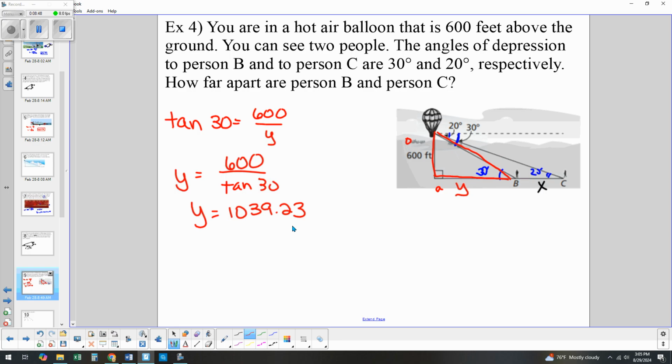So this is the scenario where you will actually have to use a number you just got combined with the other number. The bigger triangle was this big one with the 20 here. This side is still 600, but this bottom is really the y and the x together, or x plus what I just found, 1039.23.